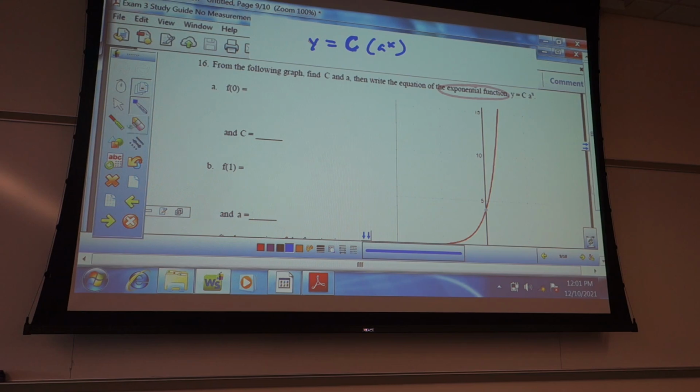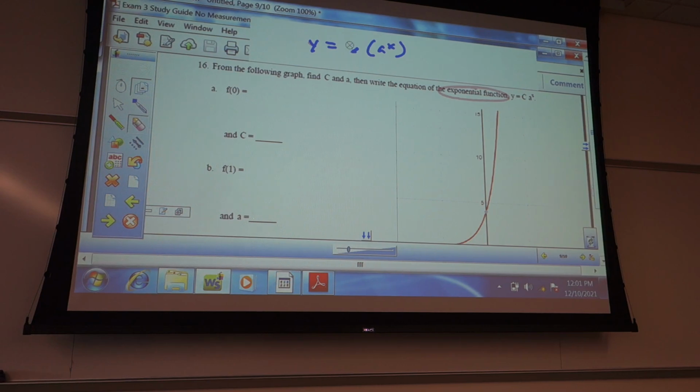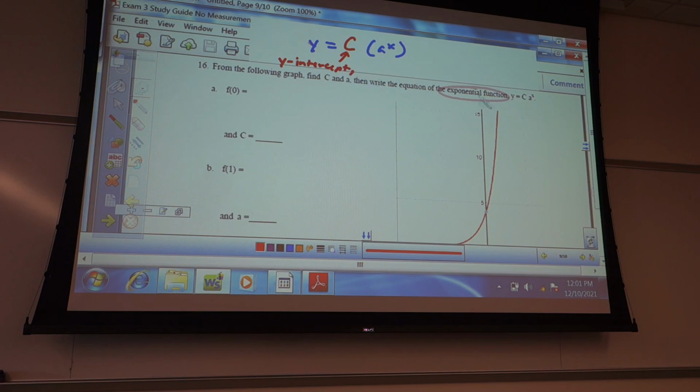All right, so then what's up with c? Does anyone remember what c is for an exponential function? It's my multiplier. It's also known as my y-intercept. And it's also known as my initial amount, or starting amount. What's a?